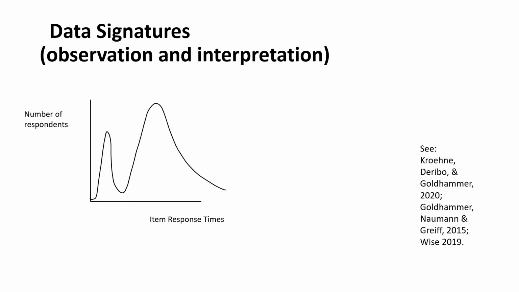Or is it more realistic to interpret that as a form of guessing and disengagement? What we don't see in that graph is a disaggregation of who gets the item correct and incorrect. And personally, I feel that's an important aspect of it. I'm not sure that response times on their own, without looking at whether something is correct or incorrect, really tell us enough.